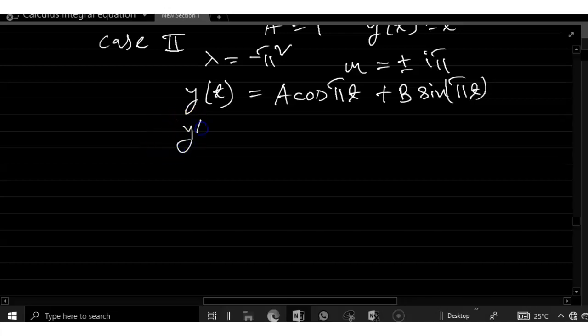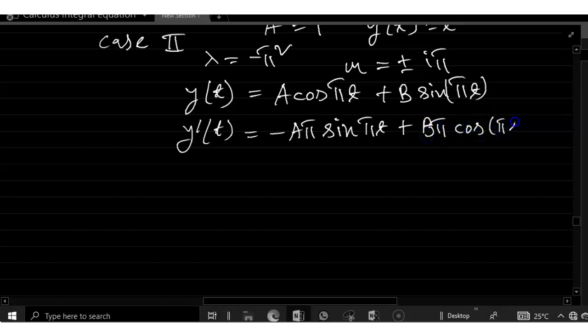So y dash t equals minus a pi sin pi t plus b pi cos pi t.